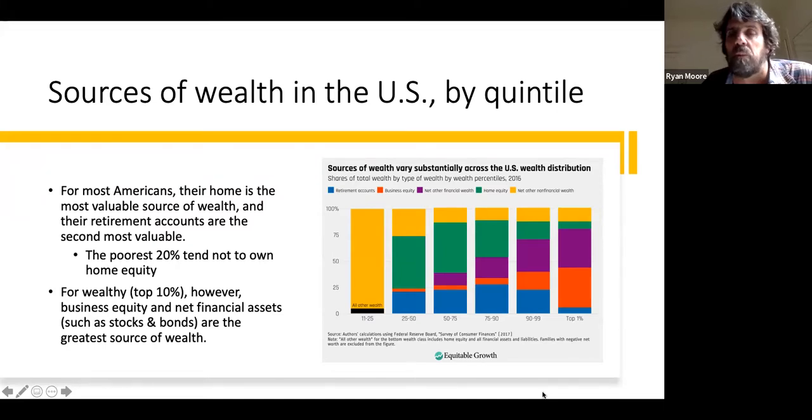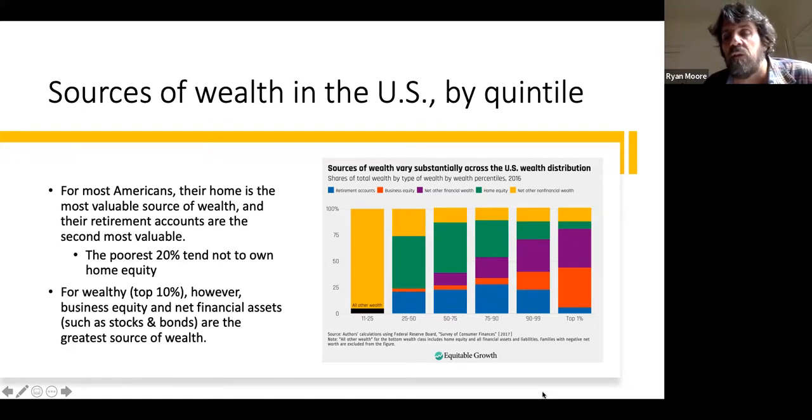Then they own a little bit of purple, which is financial wealth, and maybe a little bit of red, which is business equity. Business equity is probably stocks, like owning a share in a company. And then the blue is their retirement accounts, their pensions and 401(k)s and so forth.